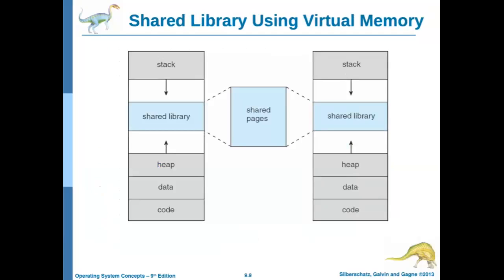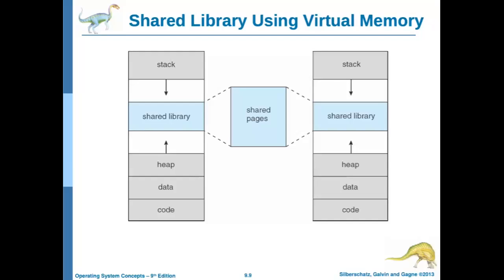Next is shared library using virtual memory. This part we have studied, especially when we talked about shared pages or shared segments. If you remember, I gave an example of editing three different data files with the same editor. We need to load the editor into memory, and the data part is also there, for example files. The editor's instructions we are never going to change, so the editor will be loaded only once, but with separate data.